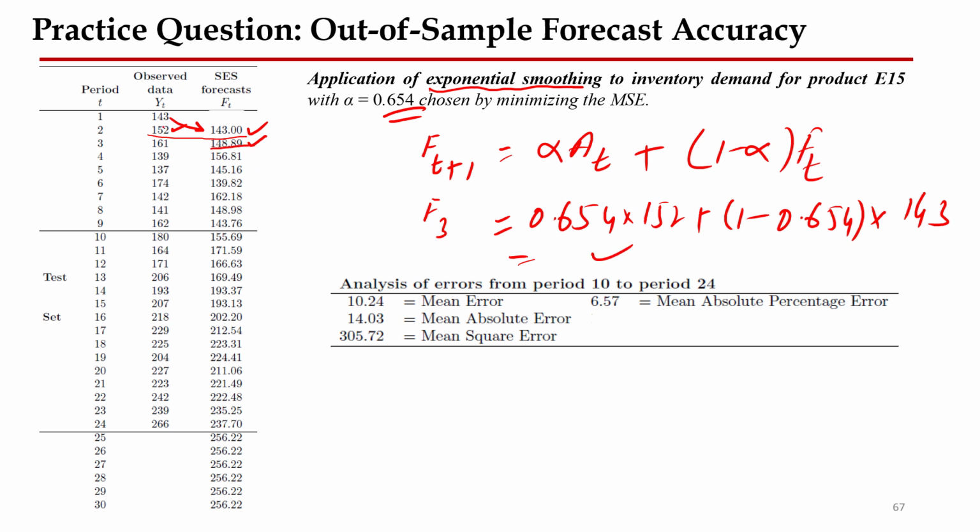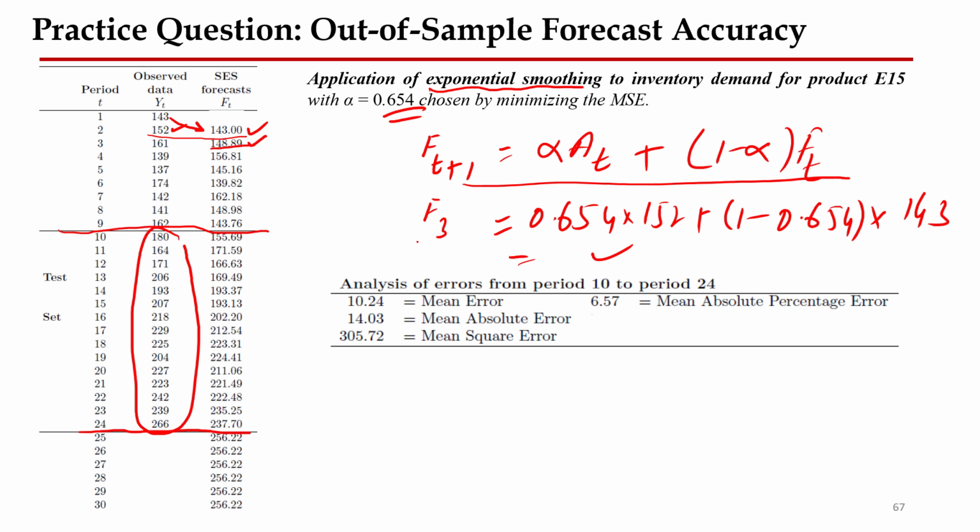We have the available data up to time period 24, but in order to train our model and finalize this forecasting, we use the first 9 values. That is the training data. We haven't shown the remaining values yet.